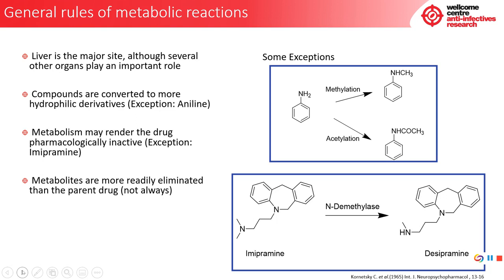Metabolites are more readily eliminated than parent drug, but not always, because we have examples where the metabolites are longer acting and have a longer half-life than the parents they started from, as in the case of morphine 6-glucuronide. And we should bear in mind that some compounds are not metabolized at all.